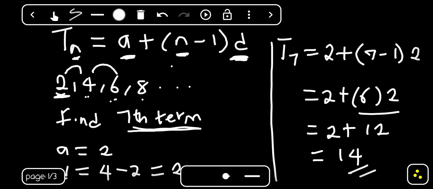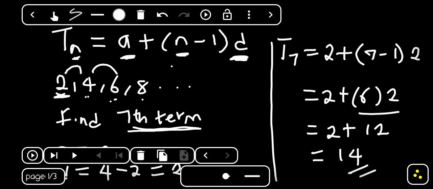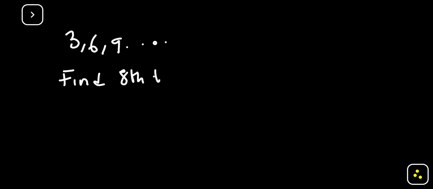But let's do another one, just to see how it's like. If you're given a sequence, for example, 3, 6, 9, and they ask you to find the eighth term, you're still going to use the formula Tn equal to A plus (n minus 1) D. You can still write the formula if you want.